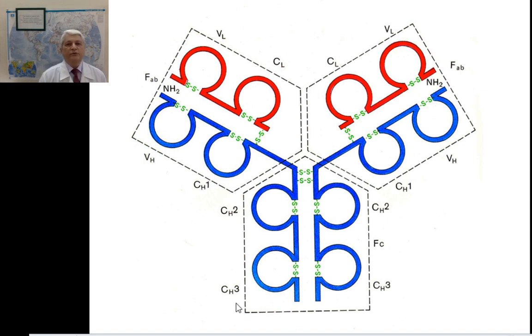On this drawing you can see that the beginnings of all polypeptide chains are situated at the beginning of the variable domains. So this is the N end of the polypeptide chain, this is the C end of the heavy polypeptide chain. This is the same situation, and also in the light chain we have the N end here and the C end here. So antigen binding sites are formed by the N ends of polypeptide chains.